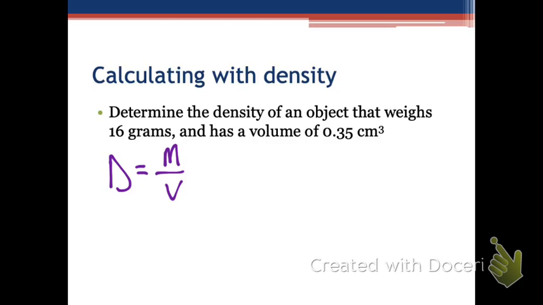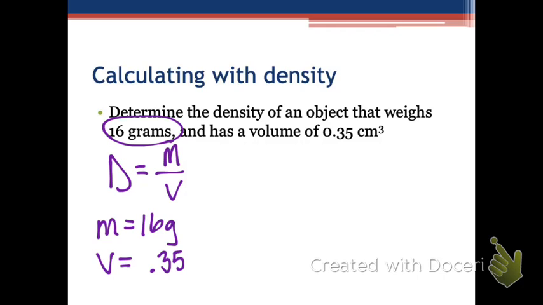Density equals mass divided by volume. This value right here, 16 grams, what variable is that for me? Is it my density, my mass, or my volume? It's mass. So M equals 16 grams. Volume equals what?